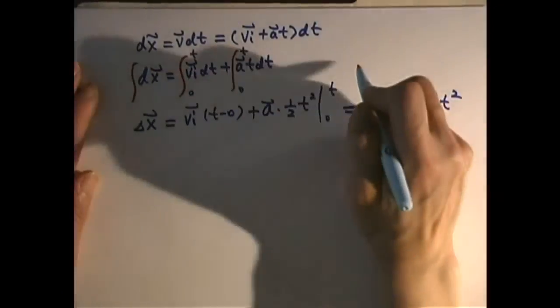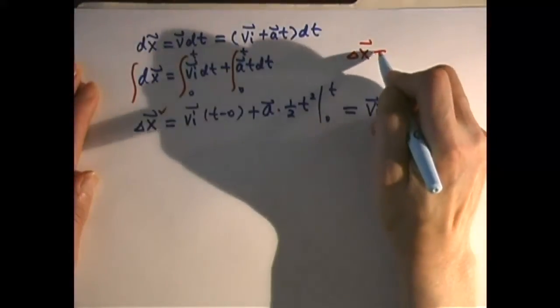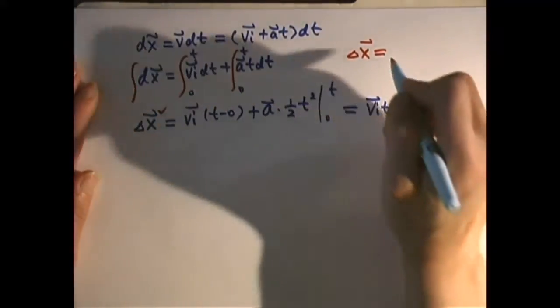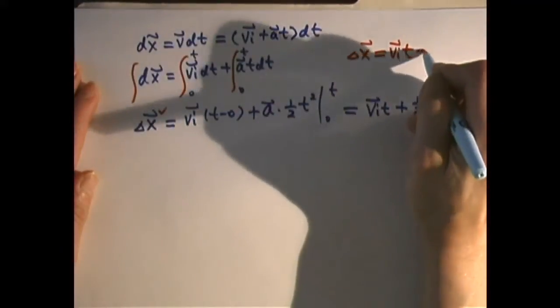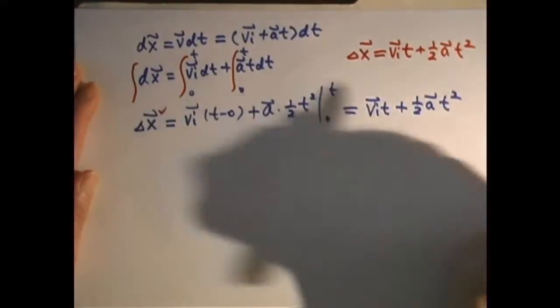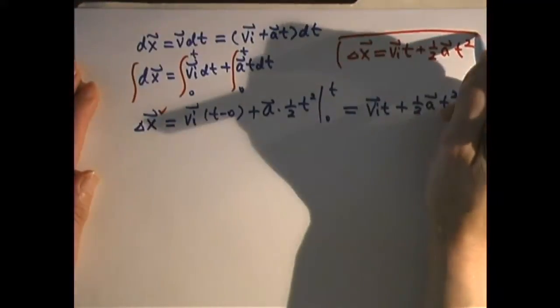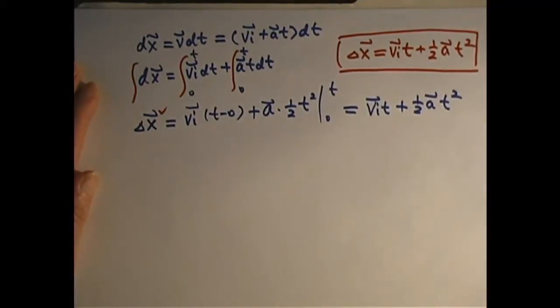We get a very important equation now. That is change of position, which is the left side, equals initial velocity times the time, that's this term, plus 1/2 of a t squared. And that is the second equation we reached. I want to point out a couple of things.